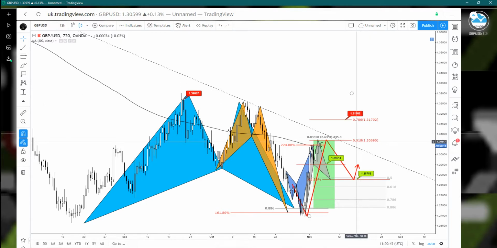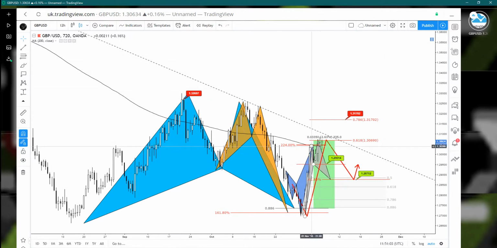So we are now at second target. We have this position secured at profits with a dynamic trailing stop just following the price. So each pip the price moves up, my stop loss moves up the same amount of pips.